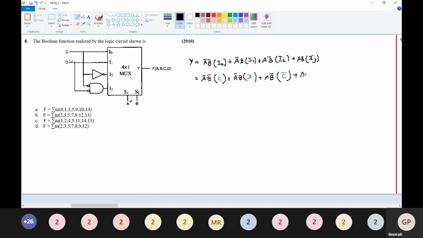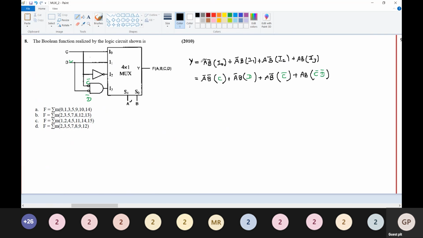Plus A B into I3, which here is C dash into D dash.